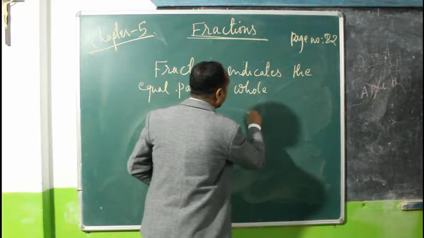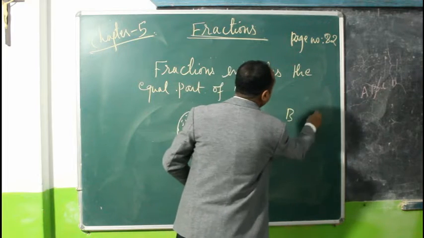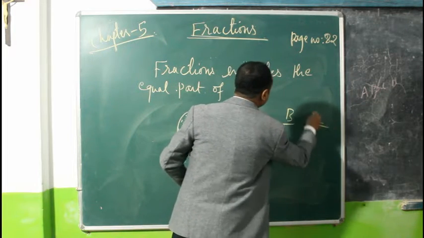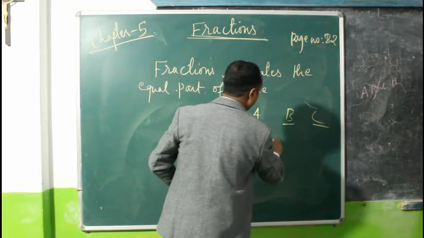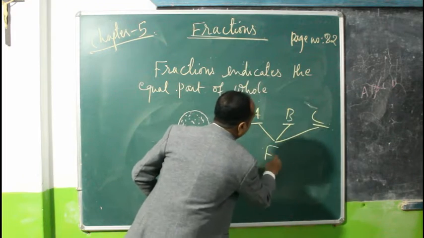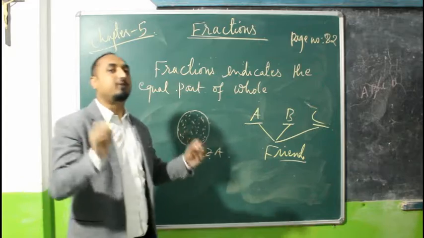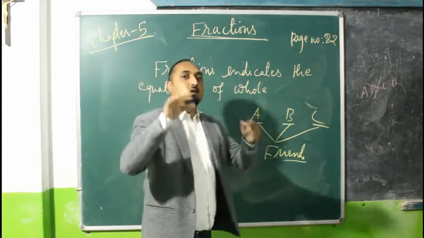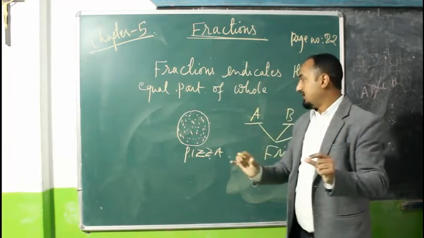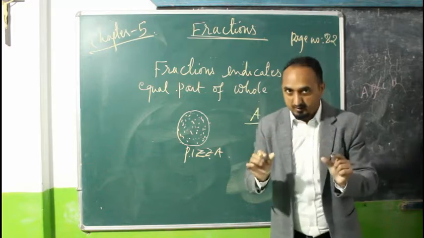How many friends do we have? Three. That is A, B, and C. These three A, B, C are friends. Now you are supposed to distribute this pizza equally among the three.